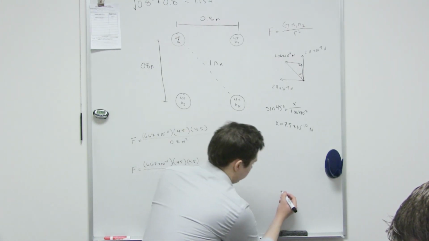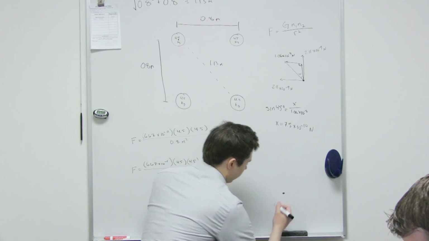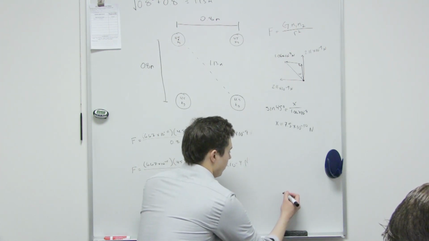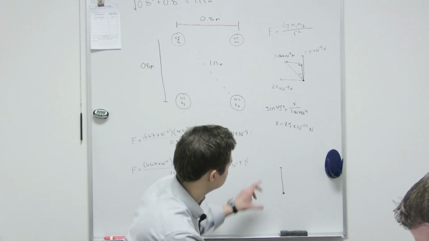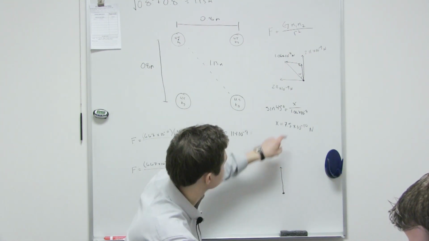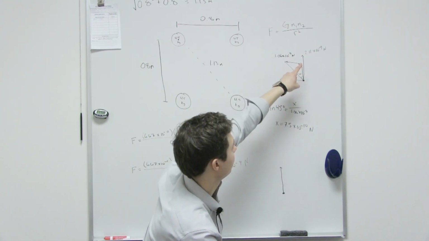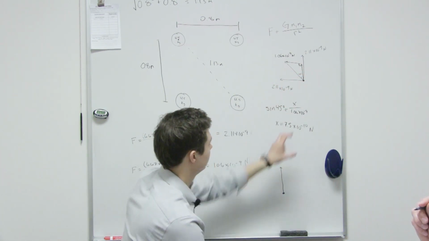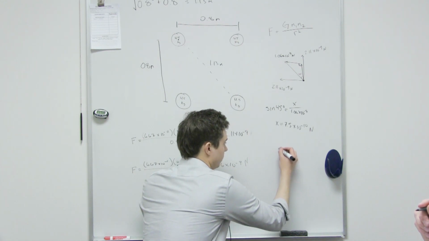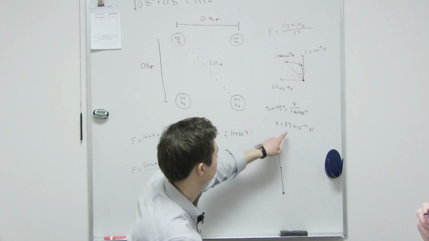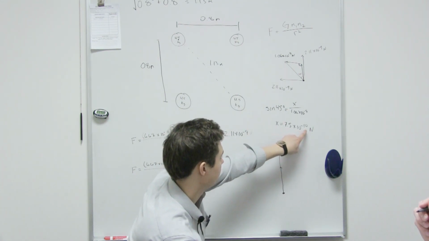Now that we've got this diagonal vector split into components, we can come down here and draw a new free body diagram. So we've got one of our y components is 2.11 times 10 to the negative 9. We've also got this other y component that we can add to it, and that's the 7.5 times 10 to the negative 10.